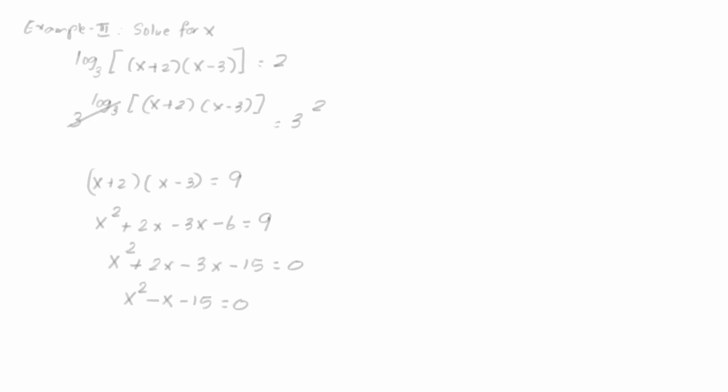That is actually a quadratic equation, and we know how to solve a quadratic equation easily. We use the quadratic formula. A is 1, B is -1, and C is -15.